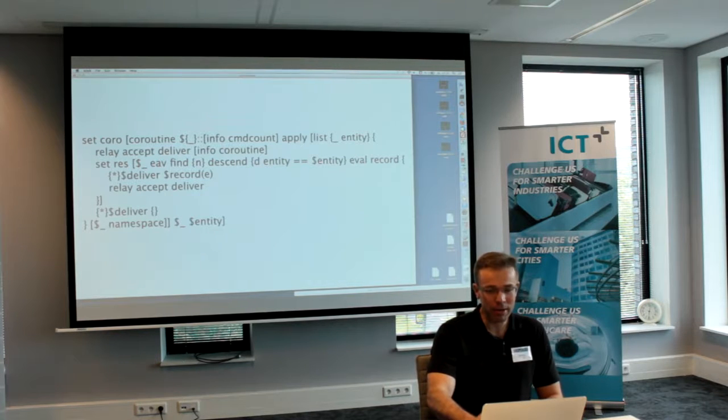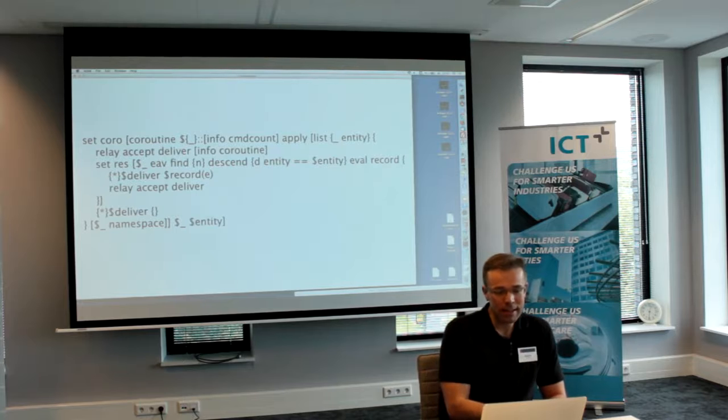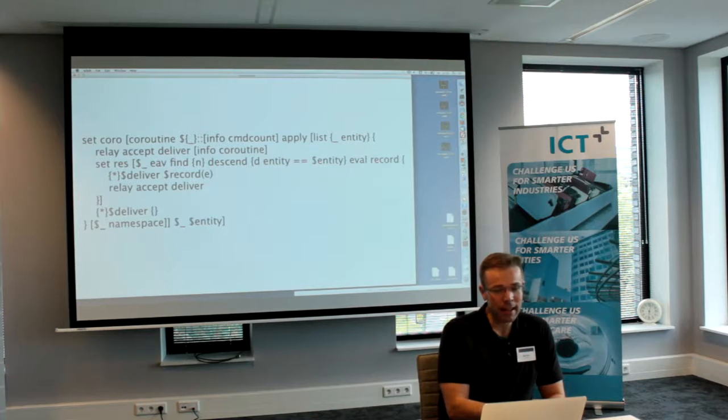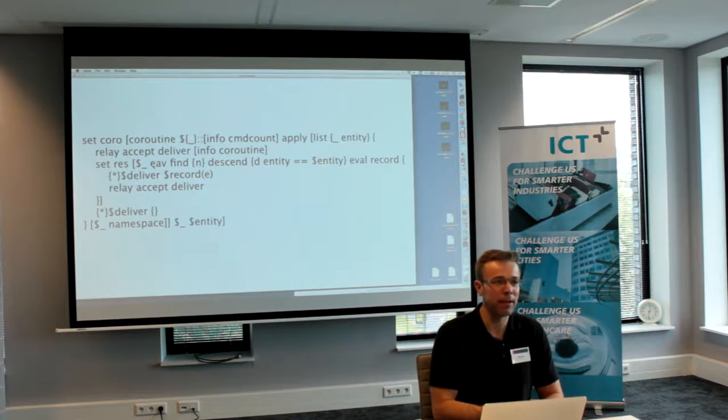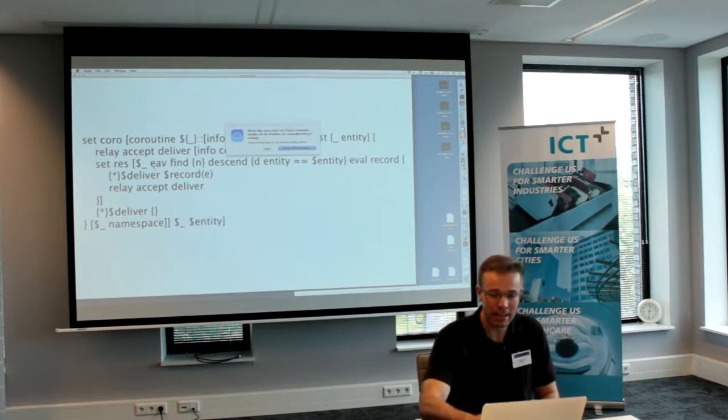The first line, we're setting up a coroutine. In the second line, this is a service, and it's accepting an order. And then we get to a command that really comes from a different system. It's a system I have called Eve, which is an entity attribute value system. It's a way of just throwing things in a database.